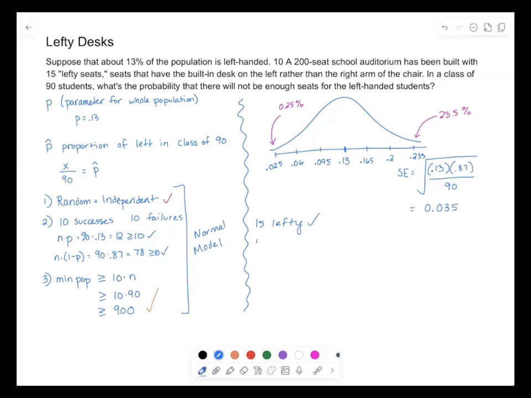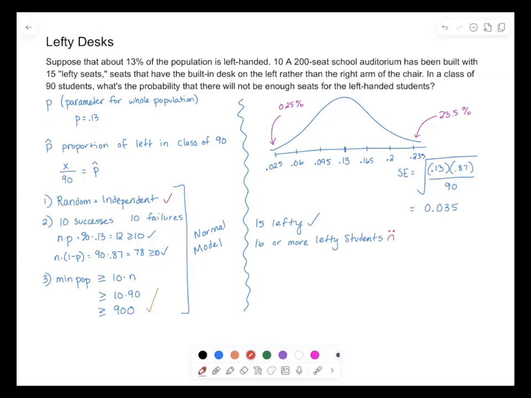I get into trouble when I have 16 or more left-handed students. At that point, I'm in trouble. And so that's the number of lefty students.